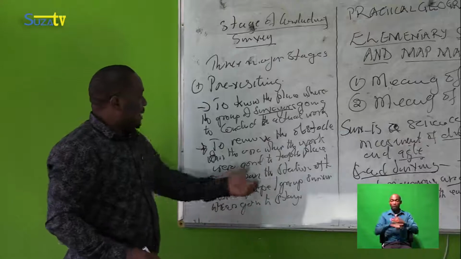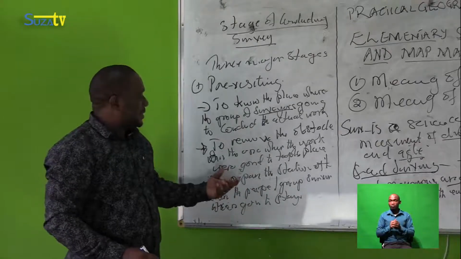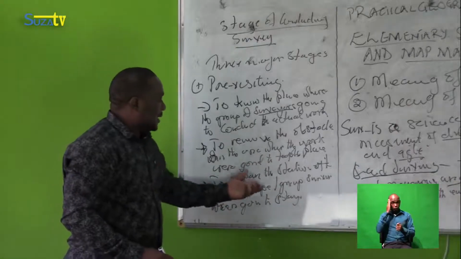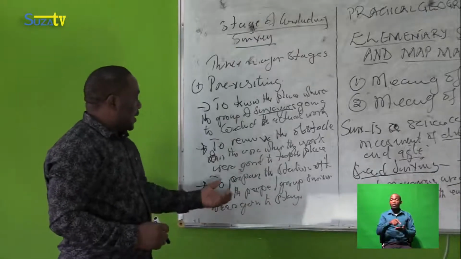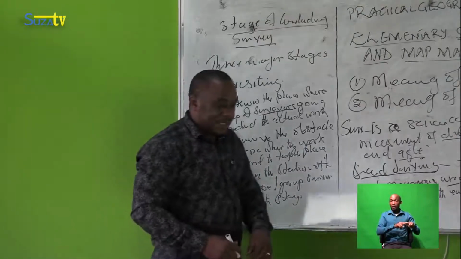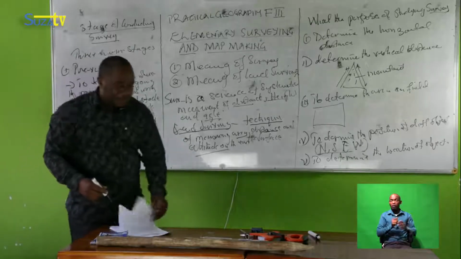So here reconnaissance is very important in order to know the area and to prepare the station where the people are going to stay before doing their work. This is the importance of the pre-visit.